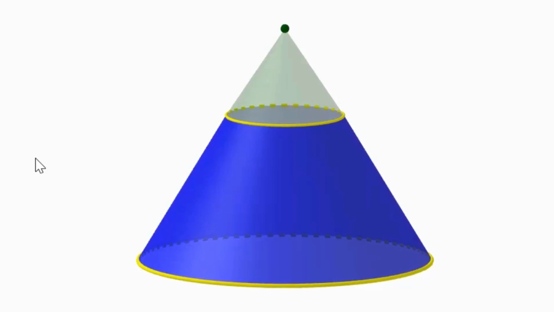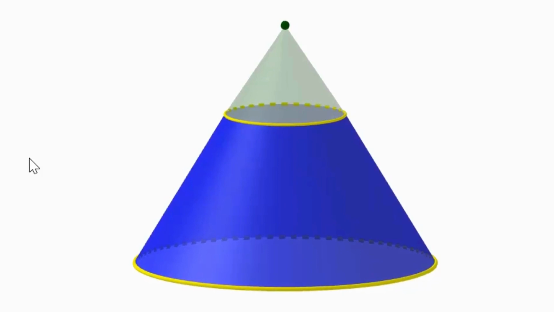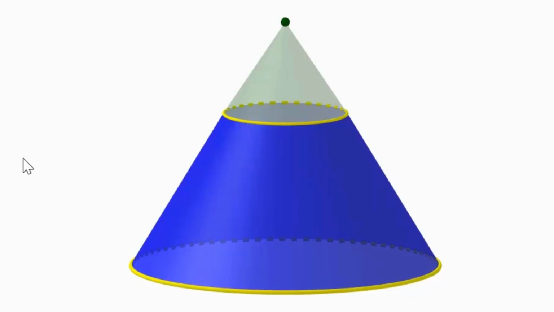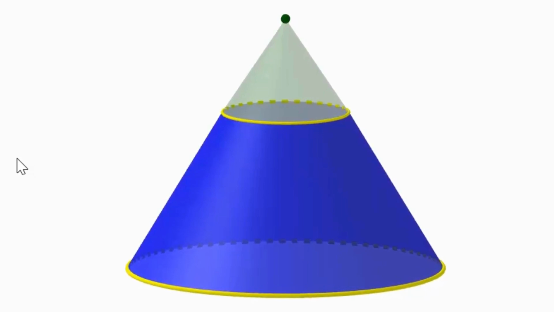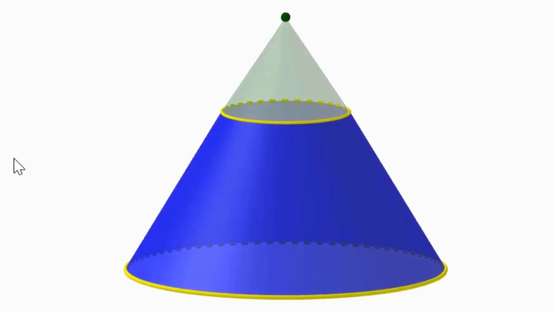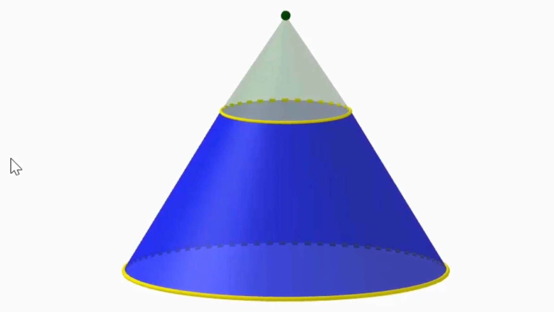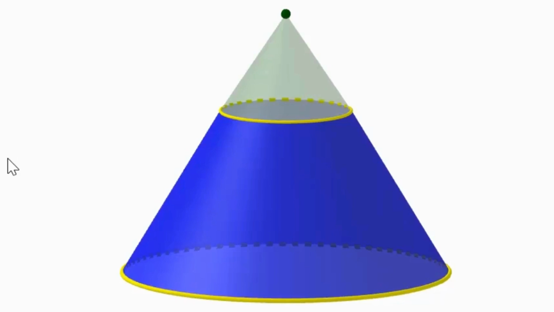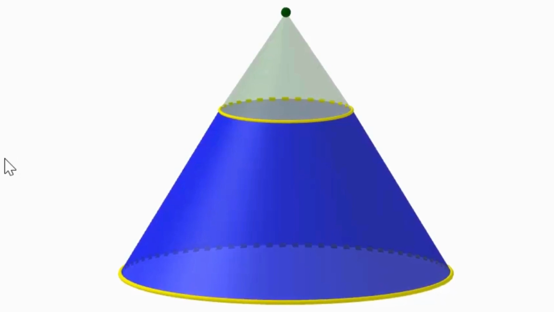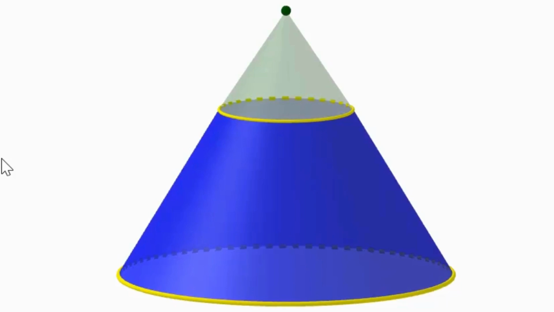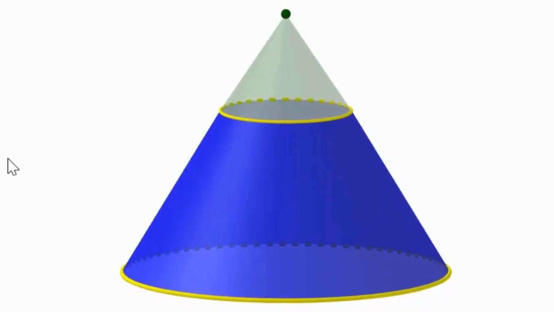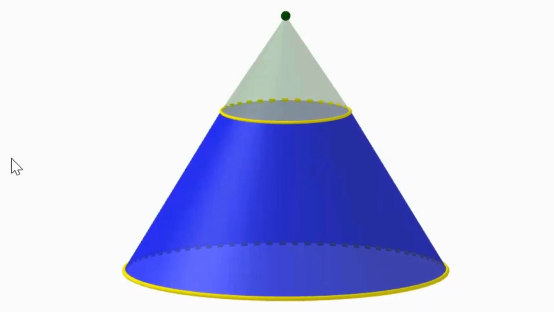Do you recall what we call the frustum of a cone? We say the frustum of a cone is the object that we obtain when a plane slices horizontally through the upper part of a cone in such a way that what is left at the upper part is a circle, a small circle, smaller than the circular base of the entire cone.